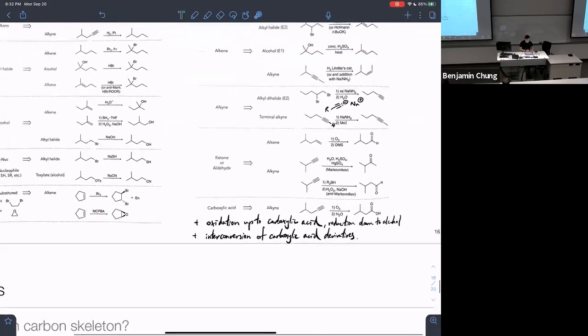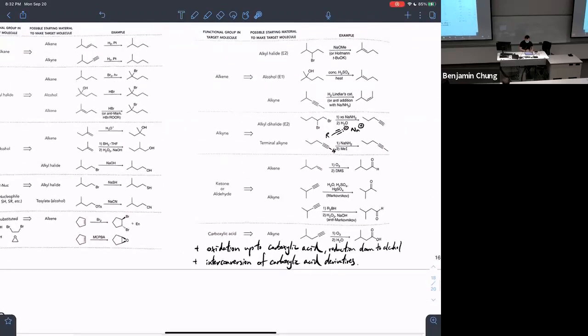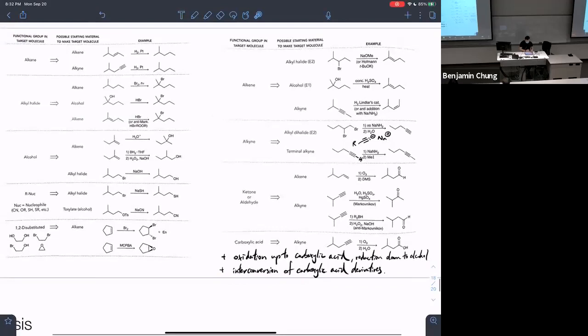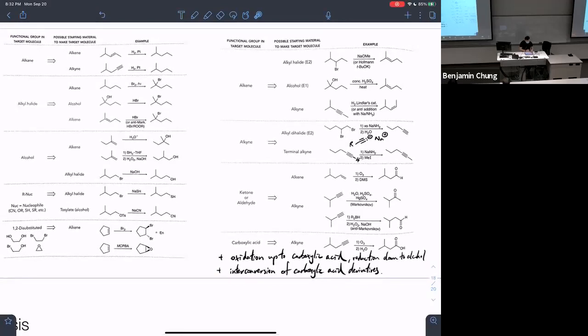Well, we have lots of hydrogenation conditions. Let's see, do they show it here? Yeah, we have shown it here. To go from an alkyne to an alkene, we can either use H2 and Lindlar's catalyst or dissolving metal reduction with sodium and ammonia.